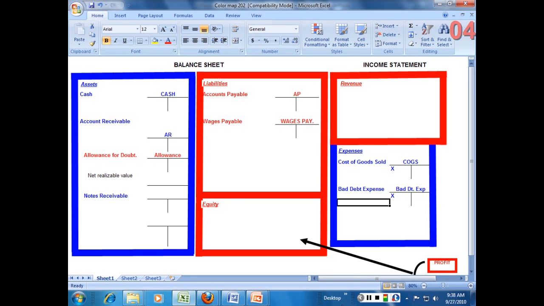You don't need to memorize what a normal balance is in those. All you have to memorize is what is the classification of accounts that we're dealing with. So this classification issue is critical to getting anywhere. If you don't know what class it lives in, you're in big trouble. You have to get to that piece first. Once you know that, then you know how to make those accounts bigger, and you know how to make them smaller. It takes some of the confusion out of debits and credits.